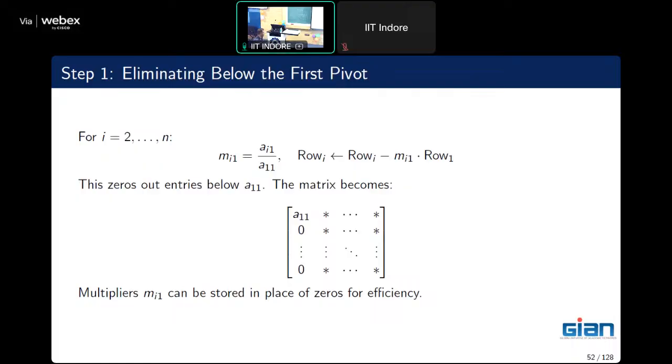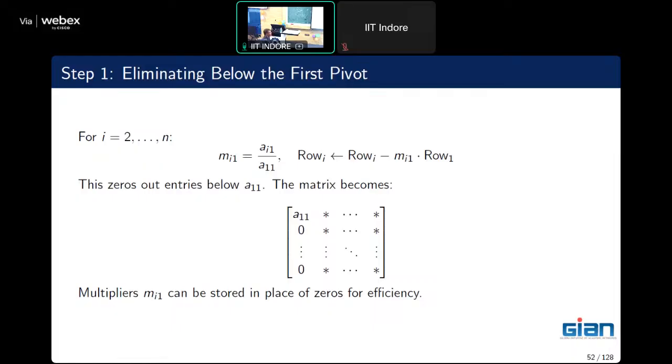Once you do this, you do the operations: row i equals row i minus m_i1 times row 1. These are the multipliers. So for the first row you get this calculation. The first operation needs about n squared flops, because every time there is one multiplication and one subtraction, so each step takes two flops.